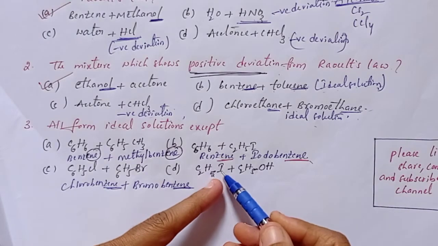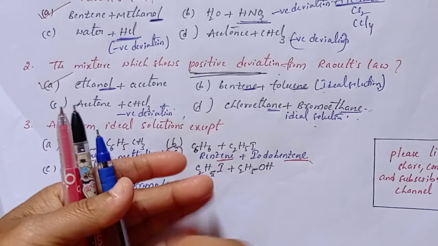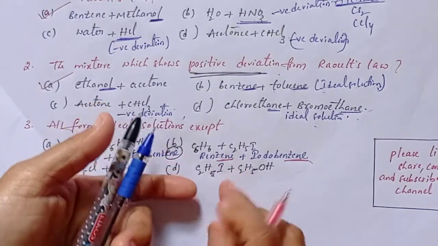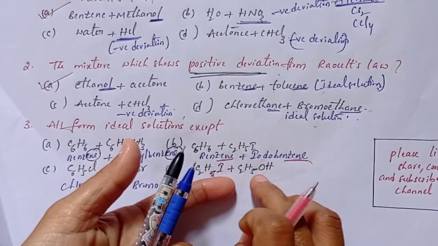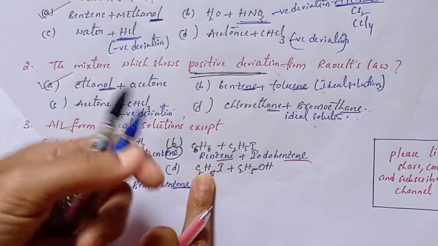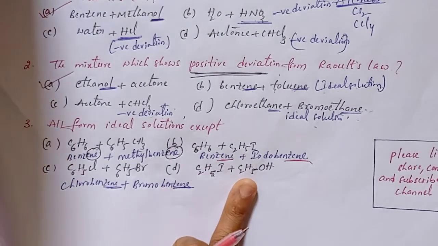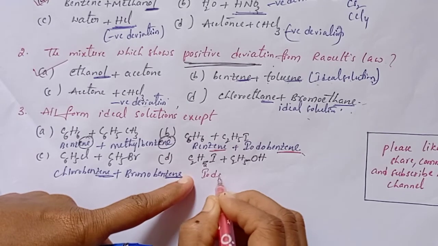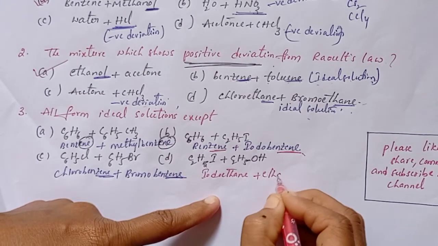Now see students, this is iodoethane, correct? C2H5I, iodoethane, plus this is ethanol, C2H5OH.